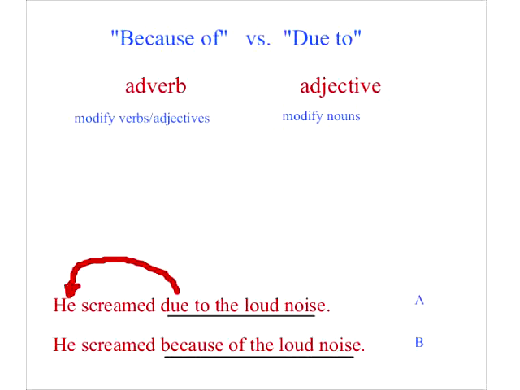Or are we saying, he screamed, that the screaming was from the loud noise? So because we are really describing where the scream came from, we want this adverbial connection. And so the second one is correct.